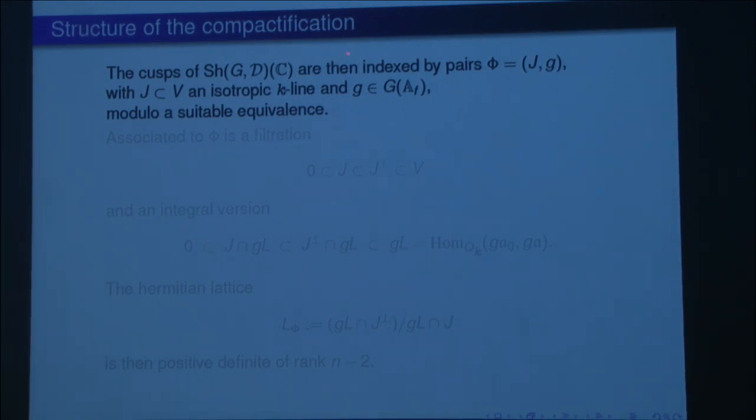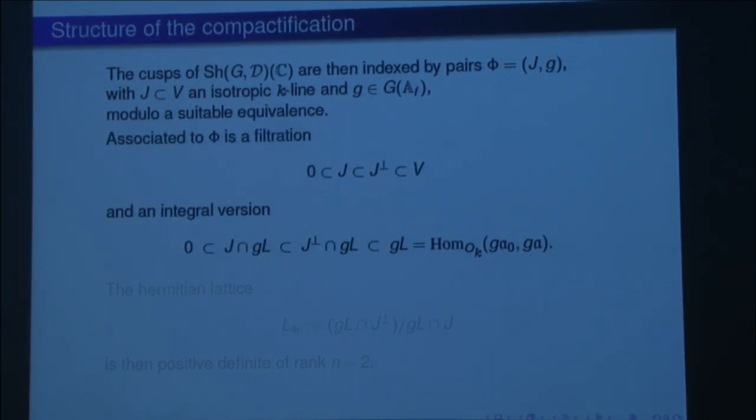Anyway, associated to such an isotropic line, we get a filtration. So attached to such a boundary component, we get a filtration. Since it's an isotropic line, its orthogonal complement inside of V contains J. So this is just a filtration gotten from an isotropic subspace. And this is as isotropic rational subspaces, but there's an integral version because there was a lattice L.